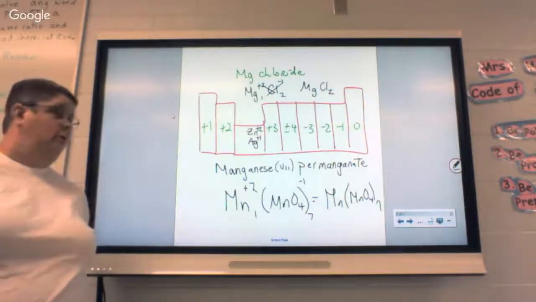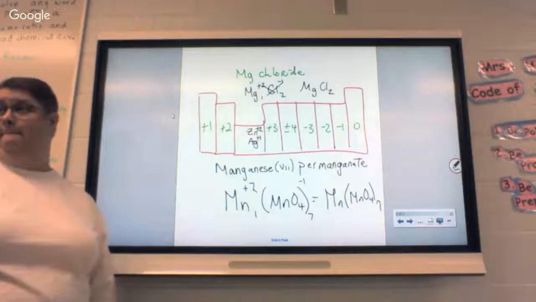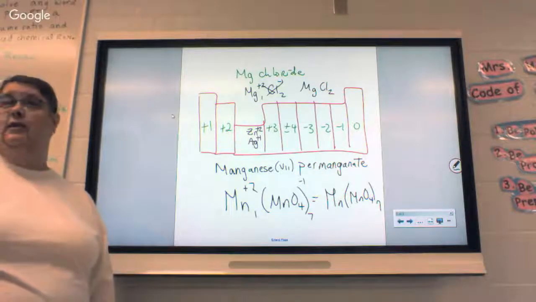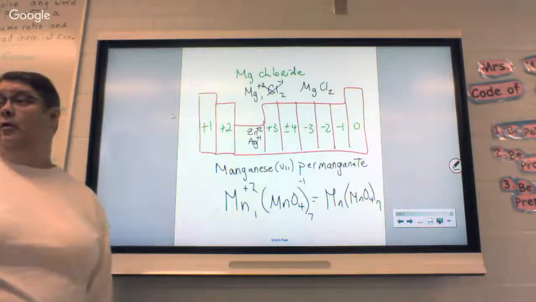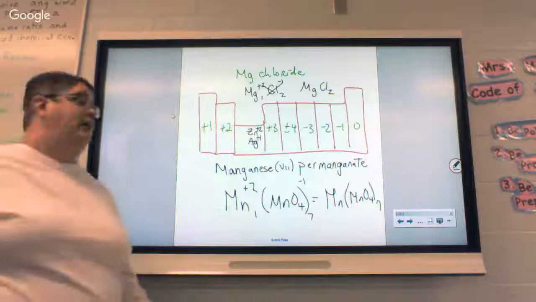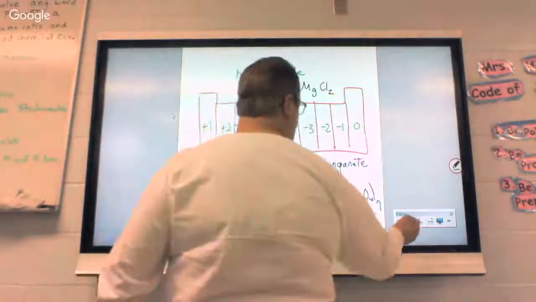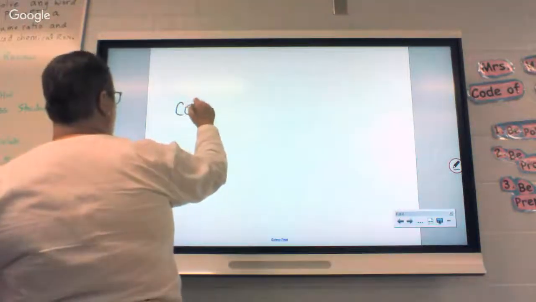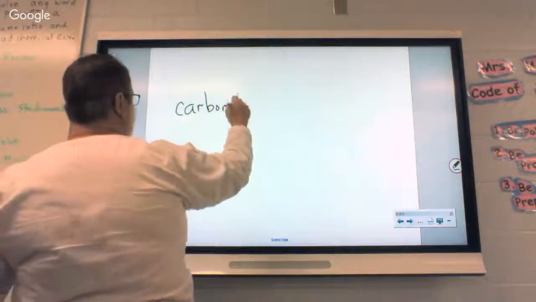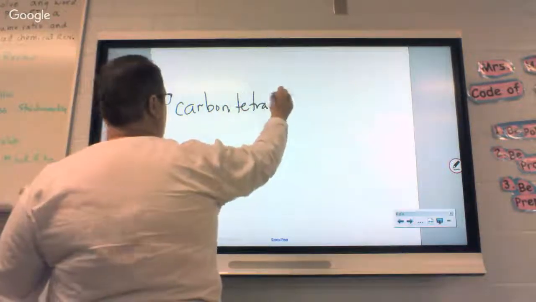Question. That's like the old system with the prefixes you read on the test? Possibly. Like what if I said find the density and I gave you carbon tetrachloride?